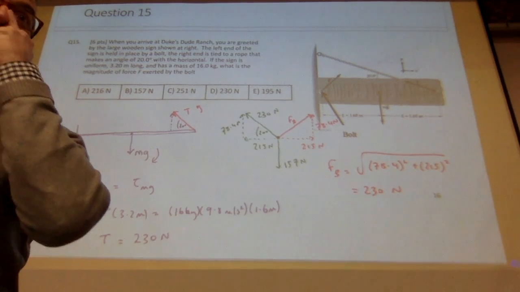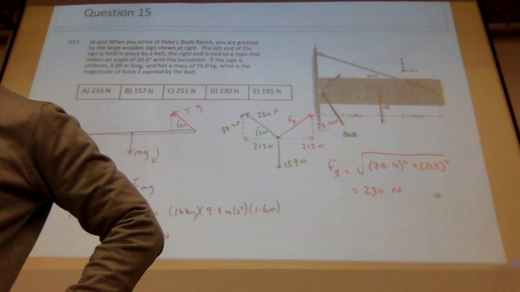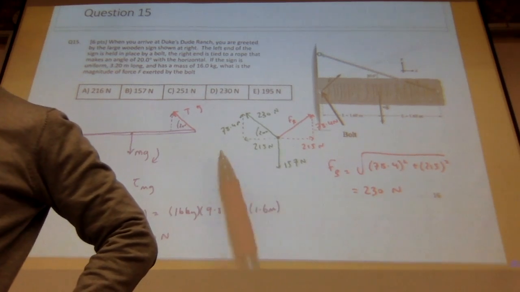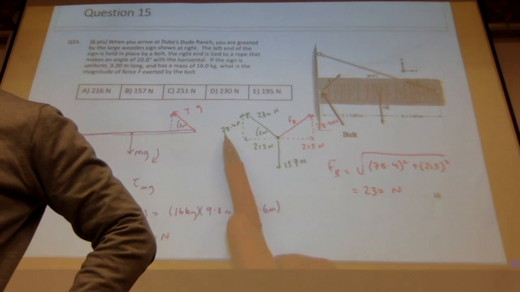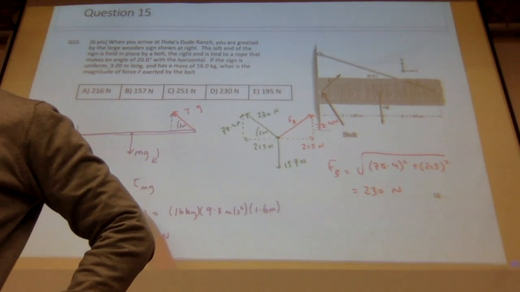Question: can you restate how you got that the force pointing upward is 78.4? I assume you need the x component balancing the 215. Yeah, if you know you have the weight force of 157 pointing down, how do you get the other two components?